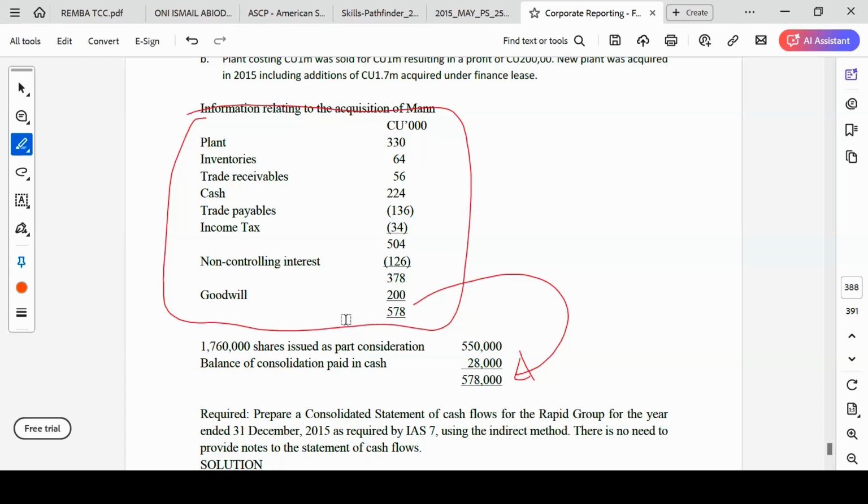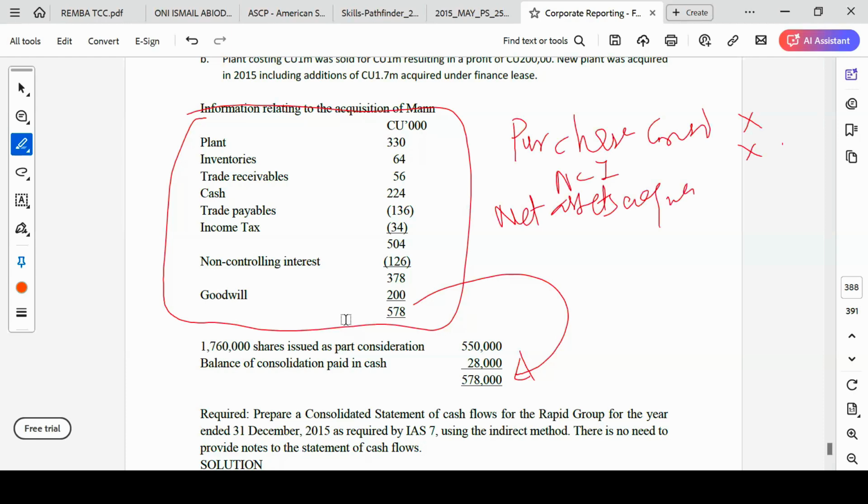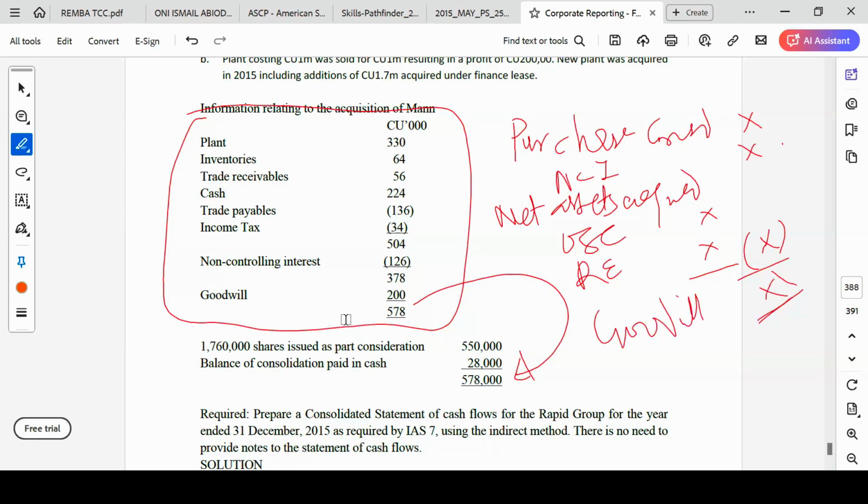You would have said purchase consideration, NCI, and then you say net assets acquired, and now that in OSC, retained earnings, pre-acquisition retained earnings, whatever other reserve they have. And then you get your goodwill, assuming there's no impairment on goodwill.